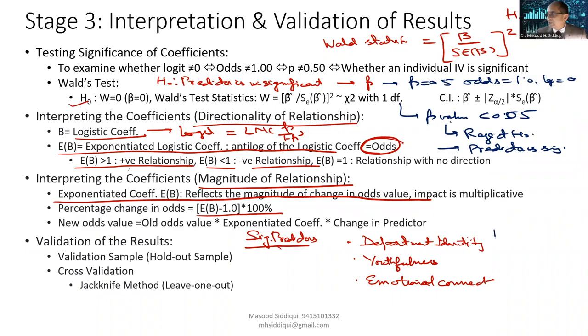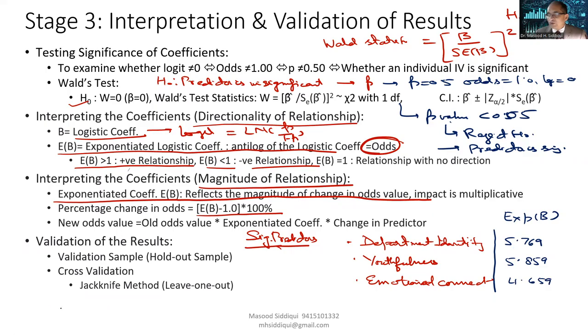We are writing the exponentiated coefficient. The departmental identity has 5.769. Youthfulness is very nearby, 5.859. So there is not much difference between these two values, so we can take both as number one.